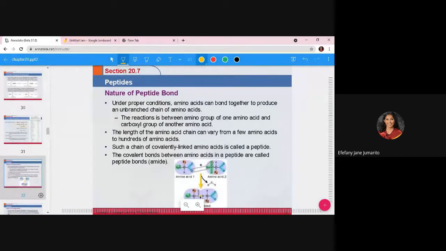NH3. Asparagine is neutral. The R group. Reaction. Okay, now, alright, so we have this one. Let's go to peptides.